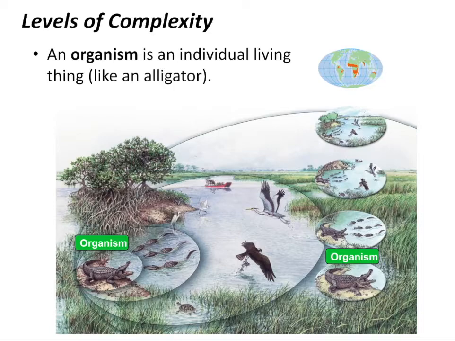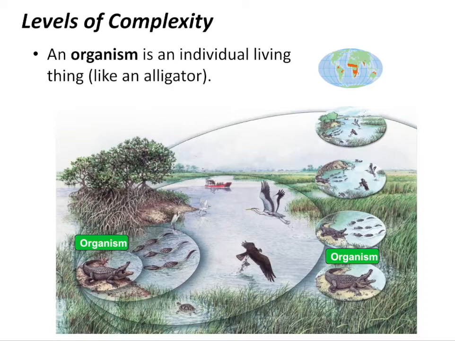So we could talk about a cell, and we look at the components that make up one cell, and then we looked at the cell and we said, well, actually that cell is part of some tissue, and then the tissues make up an organ, and the organ makes up an organ system, and then that organ system is part of an organism. And now we can take from the level of organisms, where we were looking at in the last few units, to something even bigger than the individual.